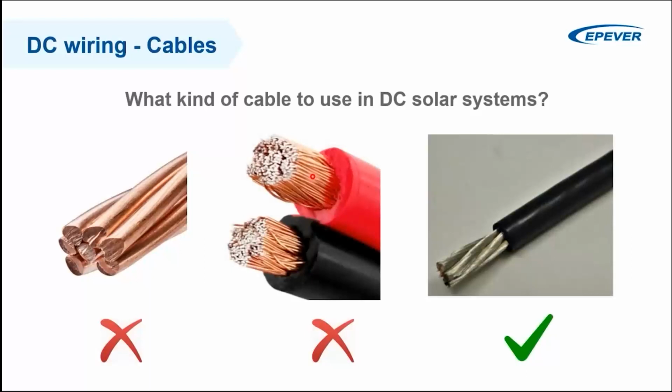This is itself a source of problems, and they might even cause fire in your system. So it's highly recommended that you check you are using a standard copper cable for wiring the system. And for marine or moist situations, you need to use marine cable.